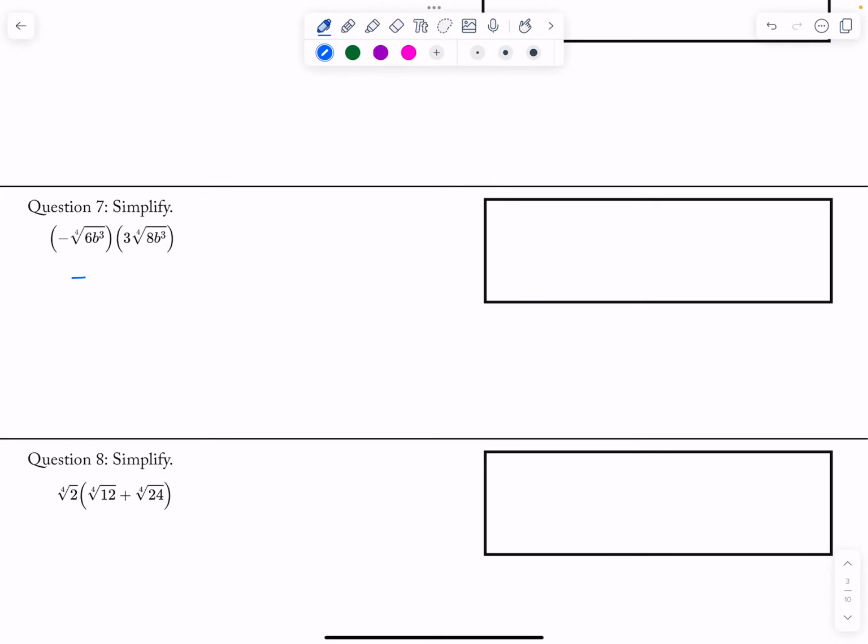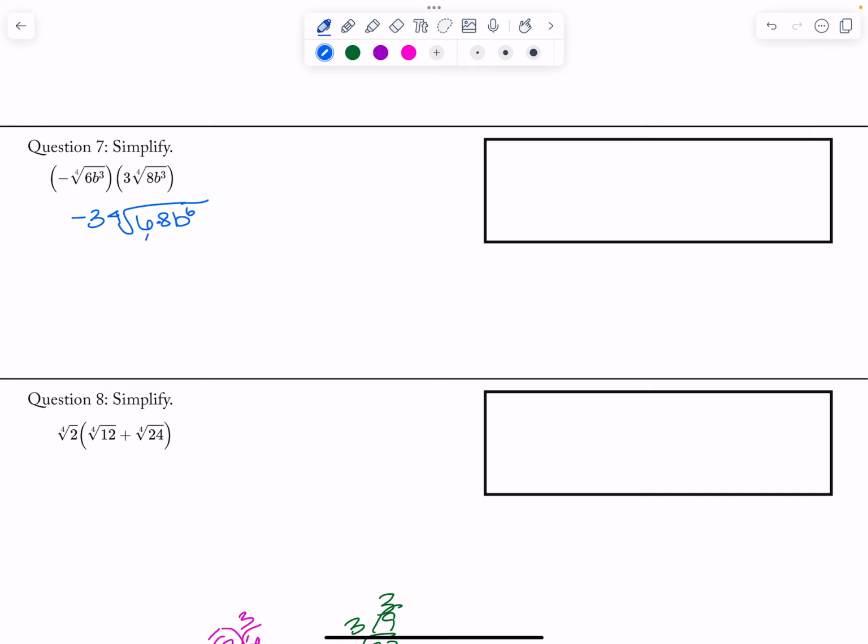We're going to multiply, so this is -3, 4th root of 6 times 8, and b to the 6th. So 2 and 3, 2 and 4, 2 and 2, so there's 4 2's. So -3, 4, 2 to the 4th. And then I'm left with a 4th root of b to the 4th.